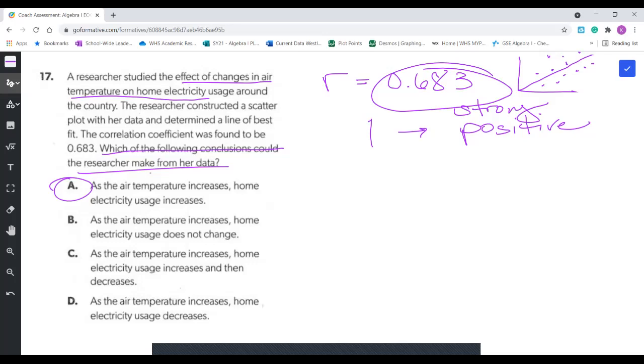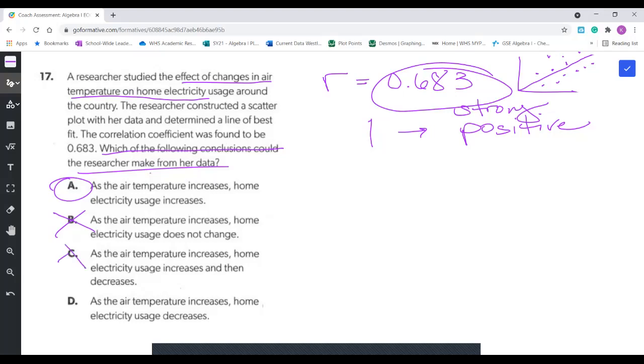So B says, as the air temperature increases, home electricity usage does not change. What does your mama do when it gets hot outside? I know it don't change. She just don't sit there and look at the thermostat and not do anything, right? As the air temperature increases, home electricity usage increases, then decreases? What?